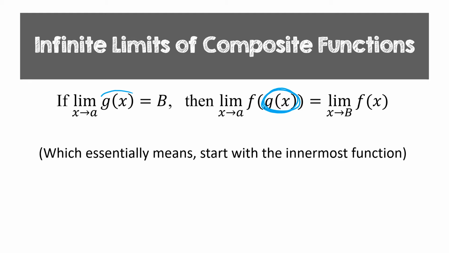If the limit as x approaches a of g of x is equal to some value b, so that is the limit exists, then this limit as x approaches a of f of g of x is equal to the limit as x approaches b of f of x. And this just means that you have to start by evaluating the limit of the innermost function. Much like if you had f of g of 2, you'd have to find g of 2 before you could find f of g of 2.